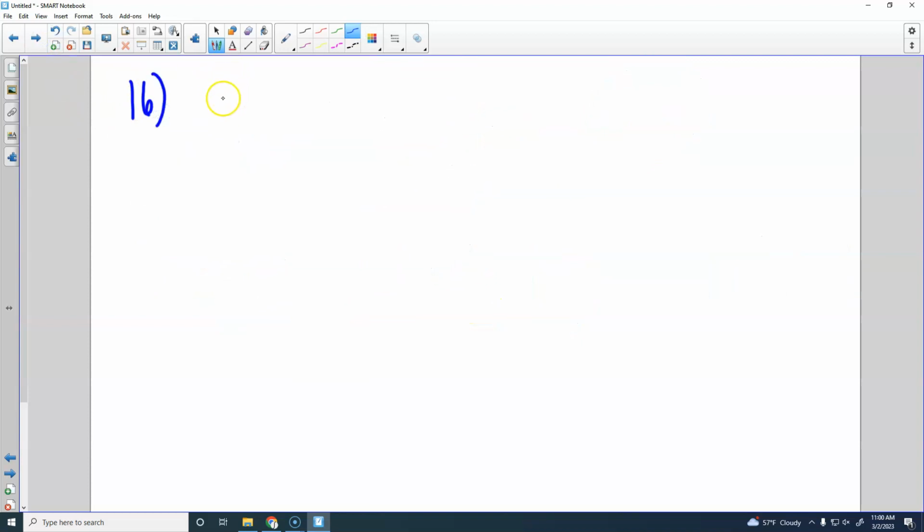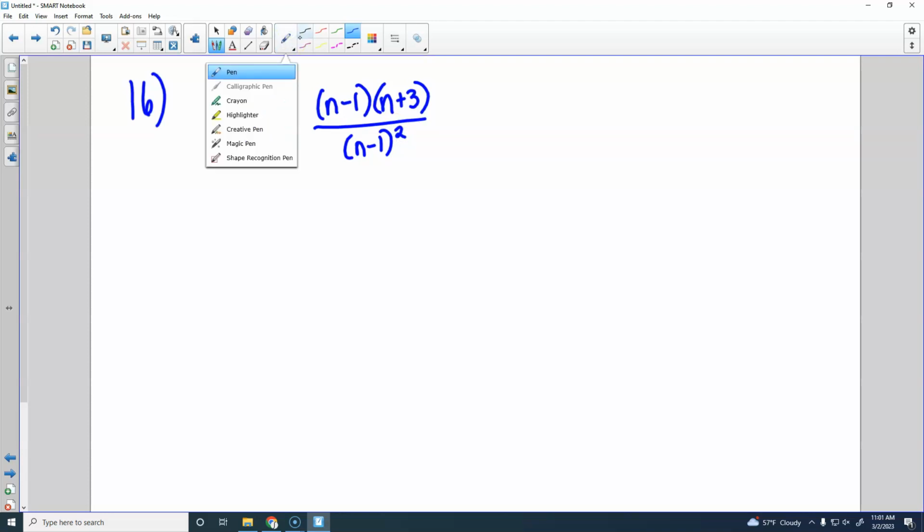16 is n plus 3 over n plus 2 divided by n minus 1, n plus 3 over n minus 1 squared. So this one's already factored for us.